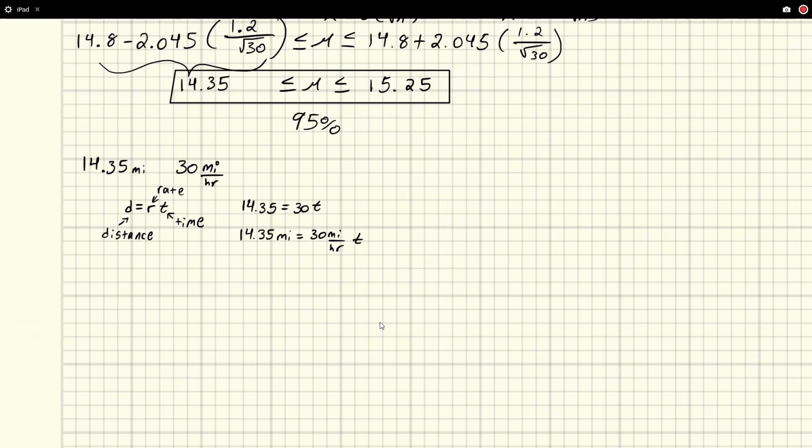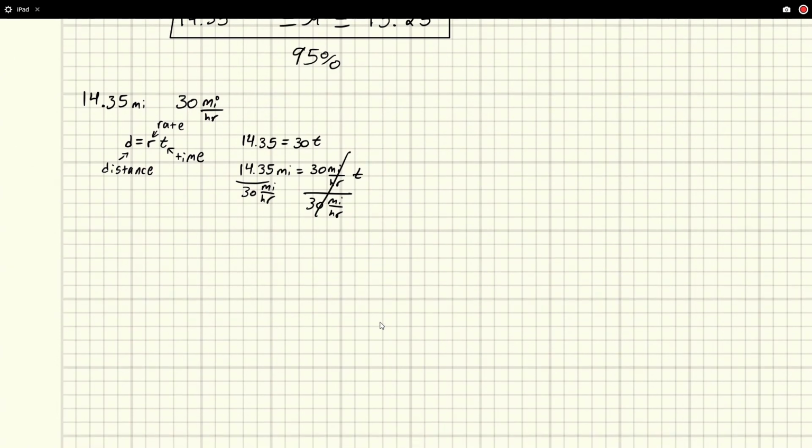And so if we divide both sides by 30 miles per hour, the miles per hour flips. When we divide by 30 miles per hour and 30 miles per hour, these cancel out because that's just one. And we're left with 14.35 miles times, and what we're going to do is flip the miles per hour.